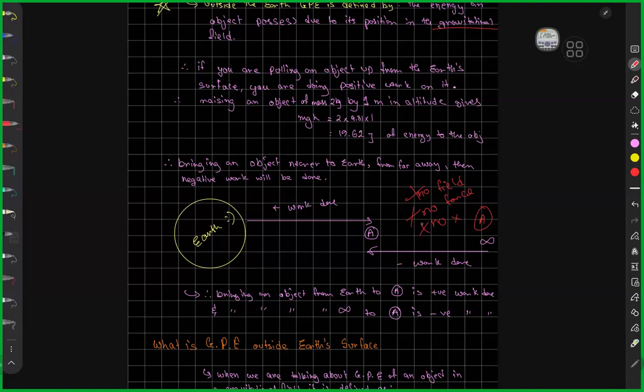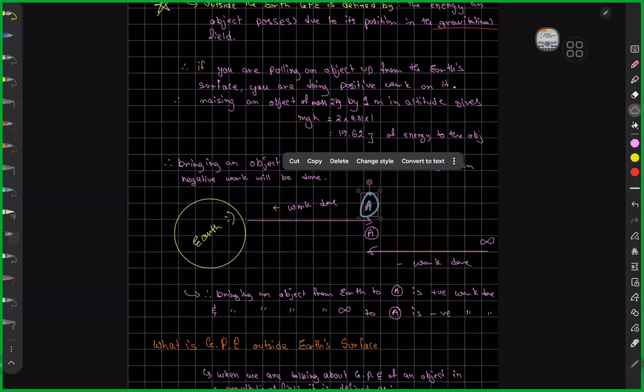Now, if I bring this object closer, to the middle ground, what happens? You will say the object must have increased gravitational potential energy.